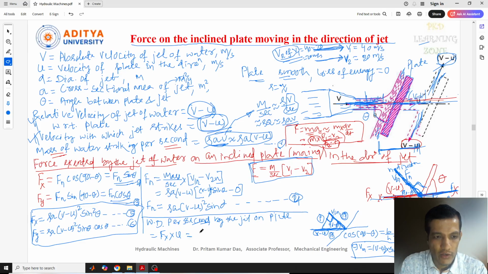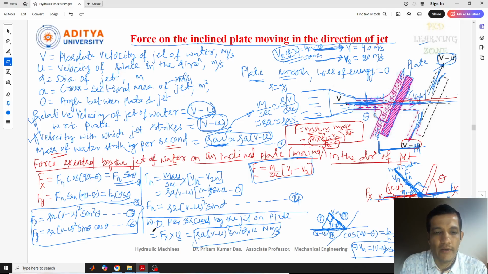So Fx equal to what we got here, rho a (v minus u) square into sine square theta into u. This is Newton meter per second, because force is Newton and velocity is meter per second. So this is our work done.